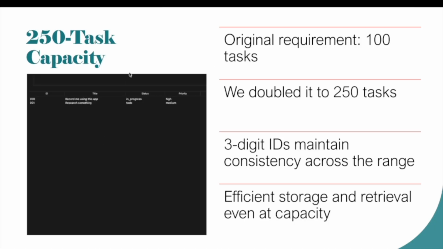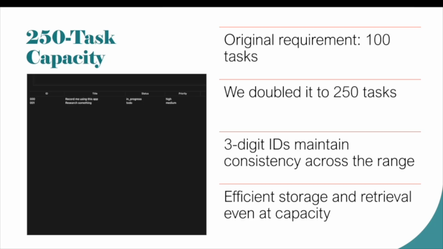So now we'll be looking at the 250 task capacity. The original requirement was just 100 tasks, but we were able to double that up to 250. You can see with the IDs for the tasks that we have a 3-digit ID. This maintains consistency, and one key benefit of this is readability, where in previous implementations we may have had a more complex ID system.